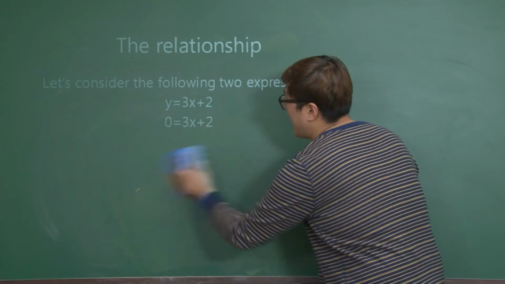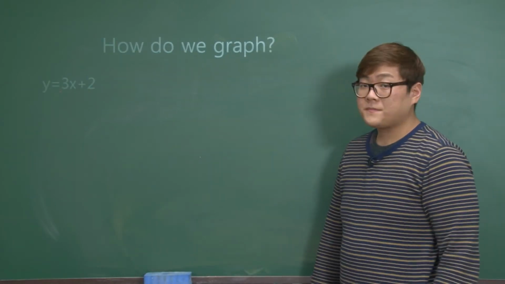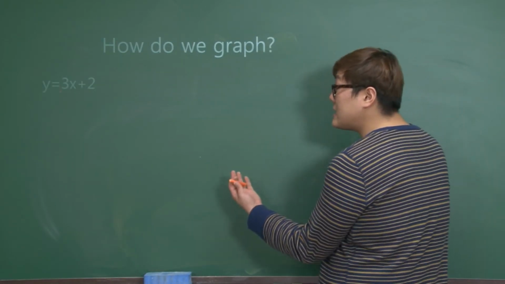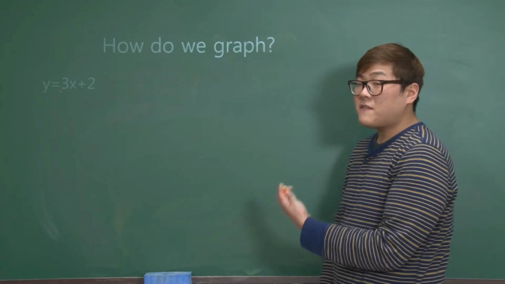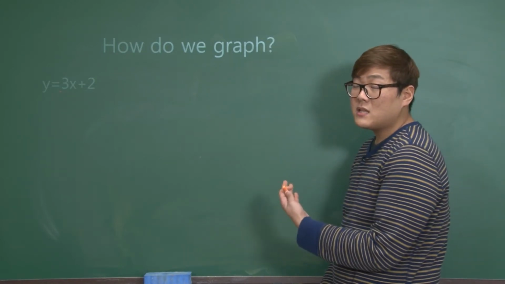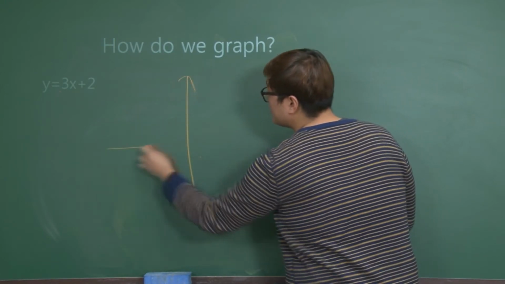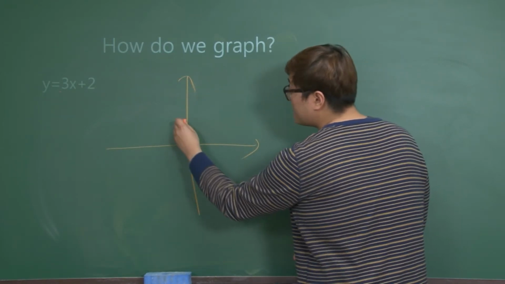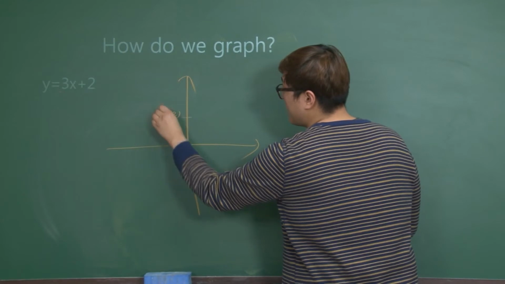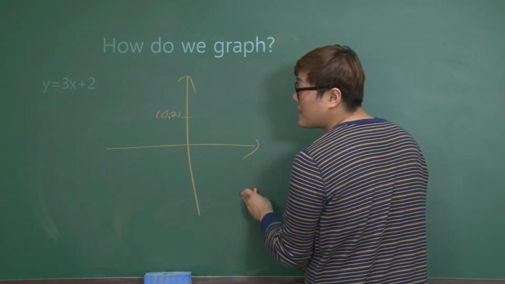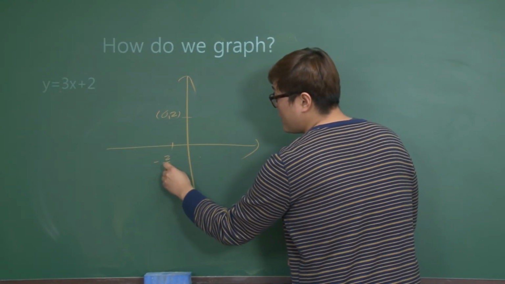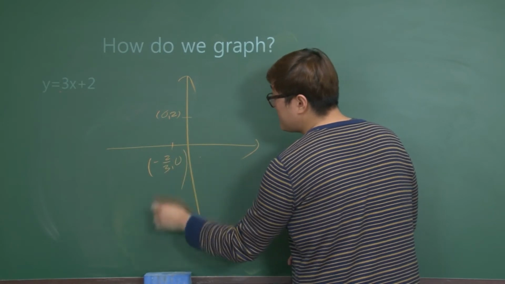Okay, so then how do you graph it? This is really easy. For a linear function, you know the graph is just a line, so all you need to do is find 2 points. For example, I found (0, 2), the y-intercept, and (negative 2 over 3, 0), the x-intercept.